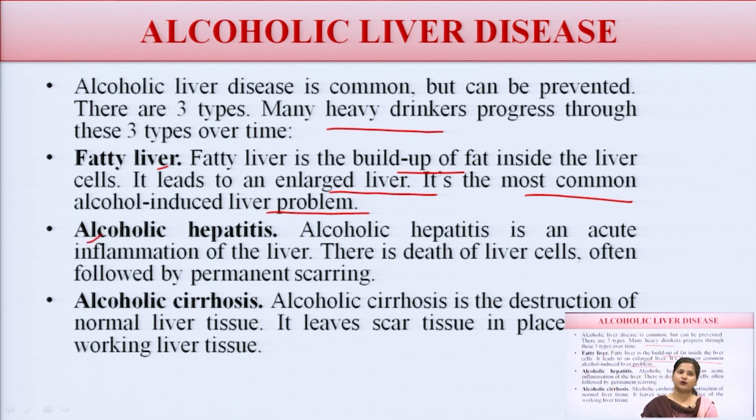Now next is alcoholic hepatitis. Alcoholic hepatitis is an acute inflammation of the liver. There is death or damage of the liver cells, often followed by permanent scarring, and this permanent scarring is known as liver cirrhosis.